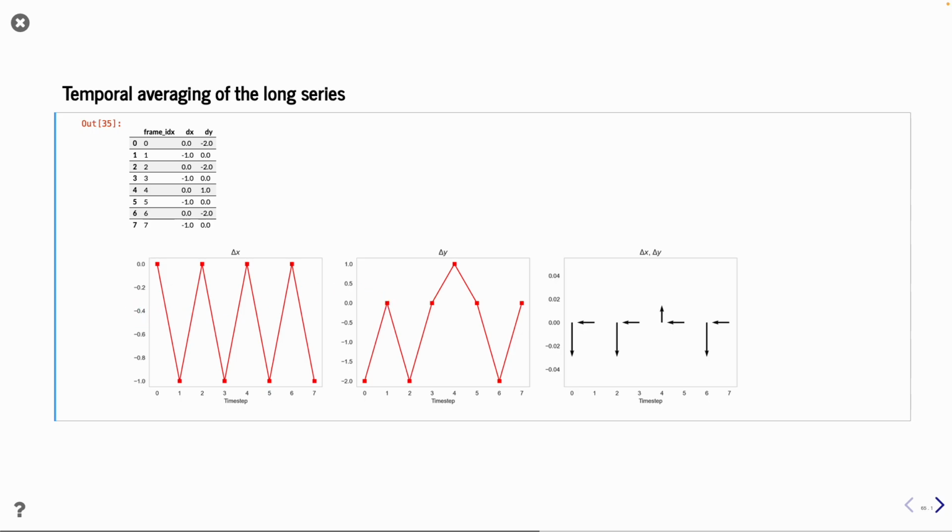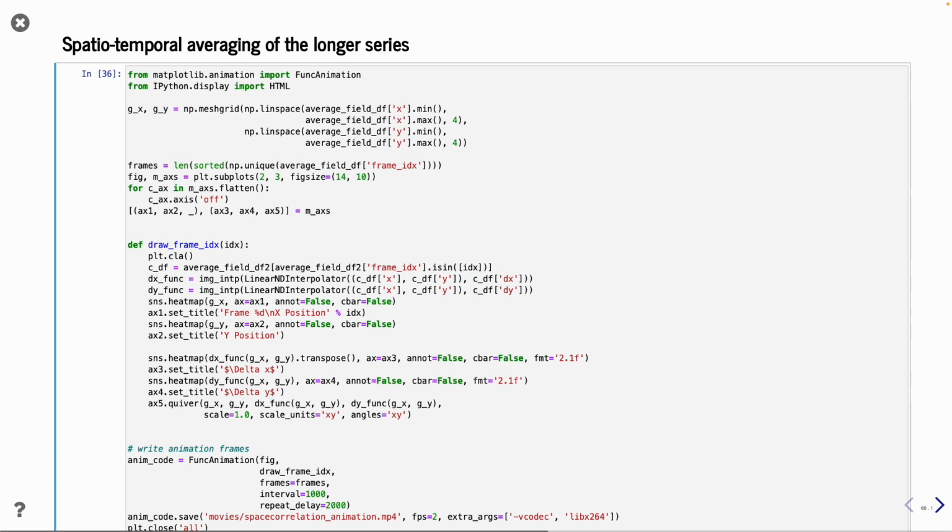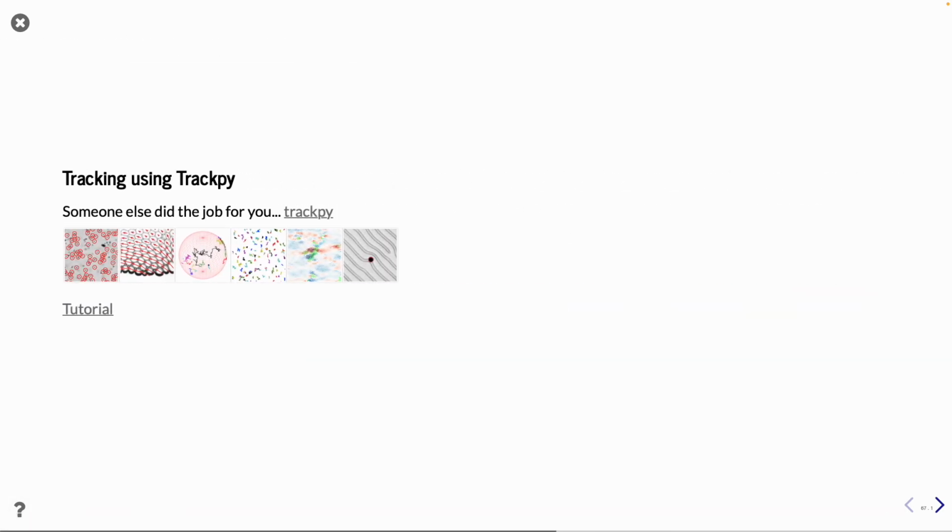So it's interleaving between moving y and x. And looking at the vectors of this movement, you can see here what is happening as a quiver plot. Actually, I skipped the other longer series.